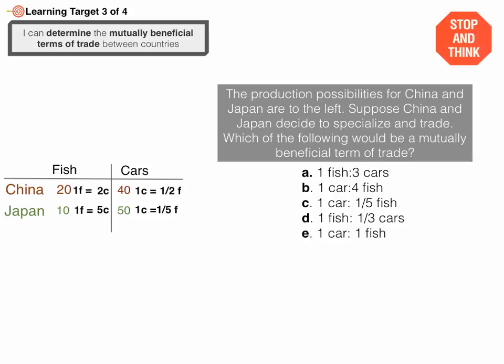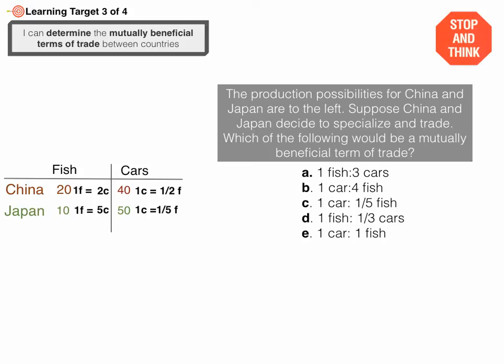The opportunity costs we found were as follows, and therefore the mutually beneficial ranges of trade for one fish would be some number between 2 and 5 cars, or for one car, between 1/5 and 1/2 fish.